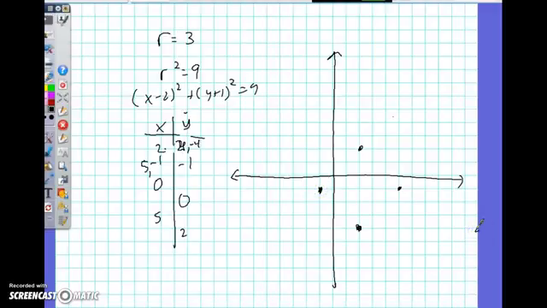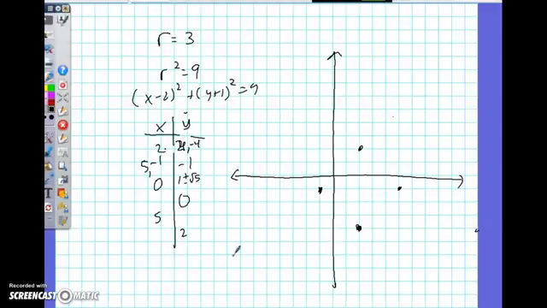Pretty good so far. Put a 0 in here. 0 minus 2 is negative 2. Squared is 4. Bring it across, becomes 5. So that becomes the square root of 5. Negative 1 plus or minus the square root of 5, right? It's going to be about what?